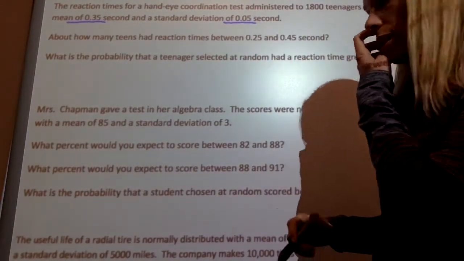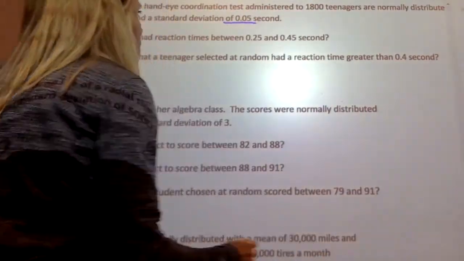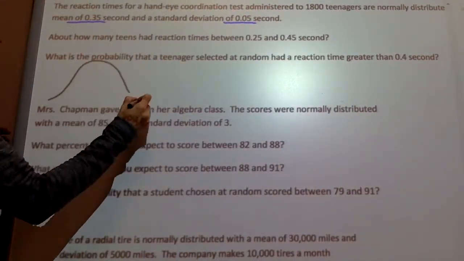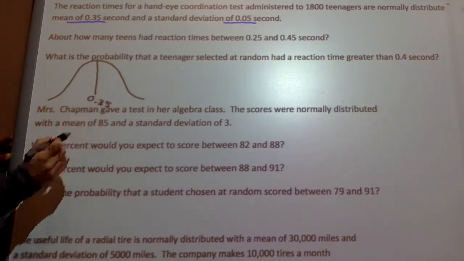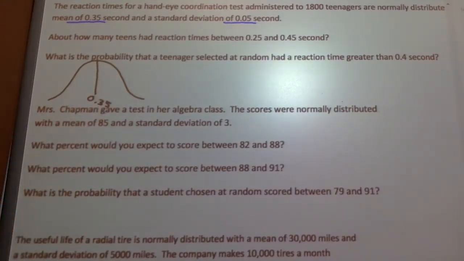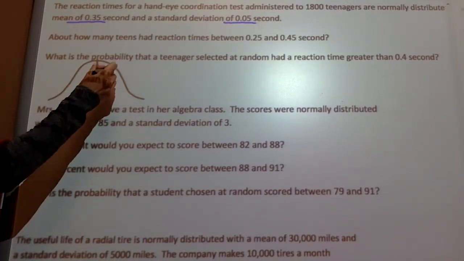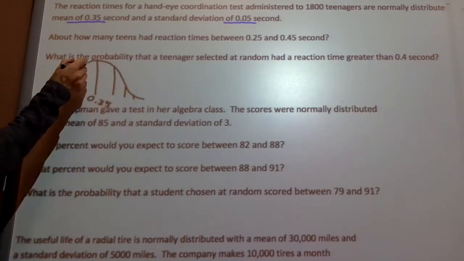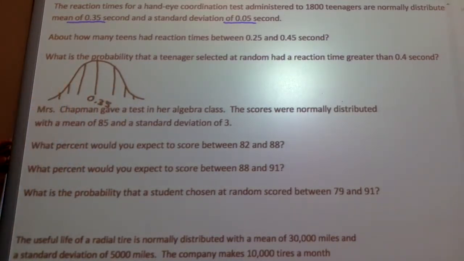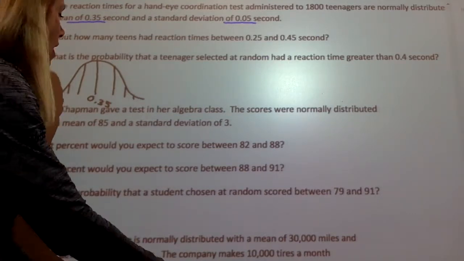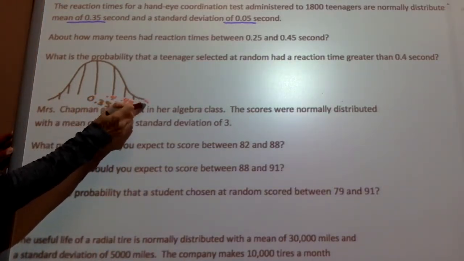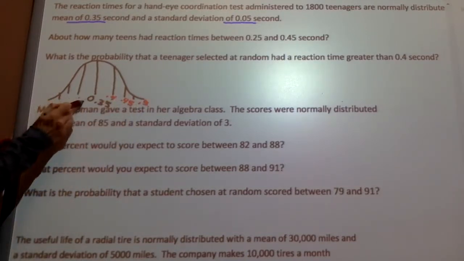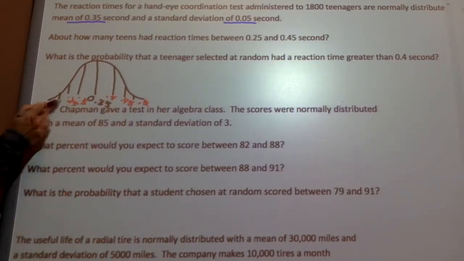Okay, so let's set up the bell curve. In the middle here is going to be 0.35. And then I'm going to count 3 standard deviations to the right and 3 standard deviations to the left. So I'd go 1, 2, 3, 1, 2, 3, and I'm counting by 0.05s. So this would be 0.4, 0.45, 0.5. This is going to be 0.3, 0.25, 0.2.